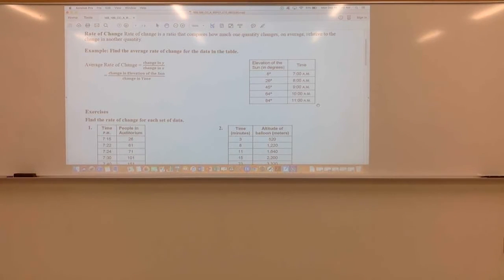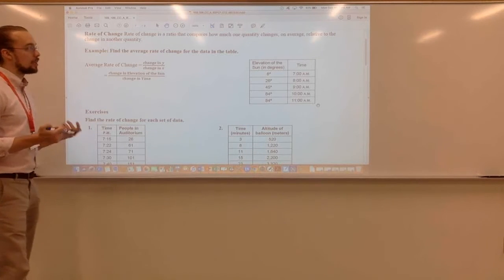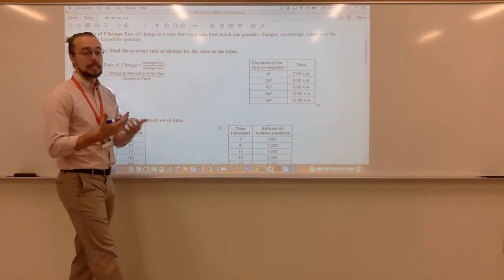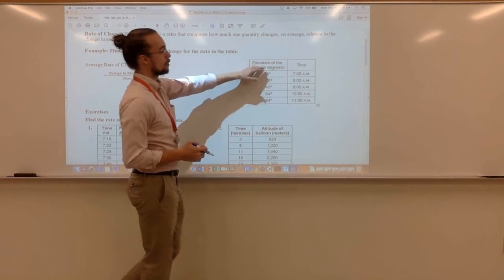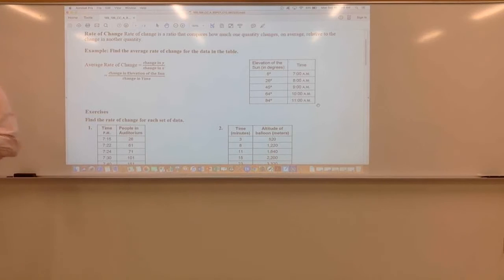It's just a ratio that compares how much two quantities are changing relative to each other. A lot of times we're using time to compare how quickly things are changing, but we could be using some other measure. In this first example, we're measuring the change in elevation of the sun in degrees versus time.